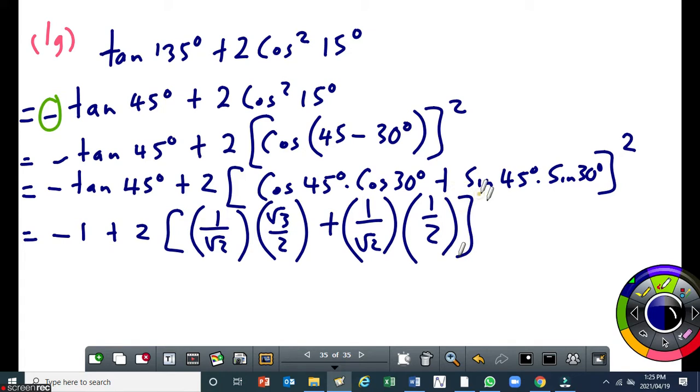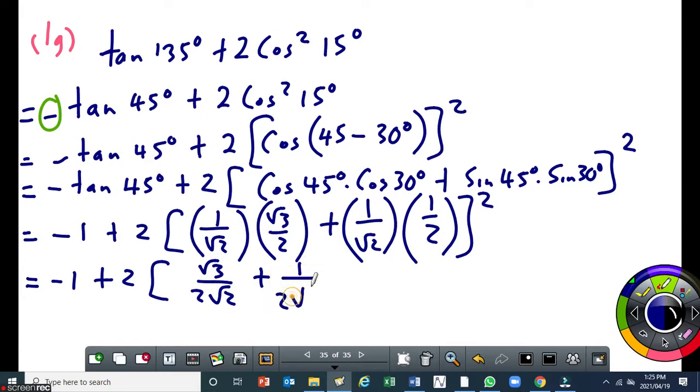Whatever answer I get inside the square bracket, I have to square the answer. It's quite long, okay? So this becomes minus 1 plus 2, open bracket. I'm going to simplify now. I'll get root 3 over 2 root 2 plus 1 over 2 root 2 all squared.